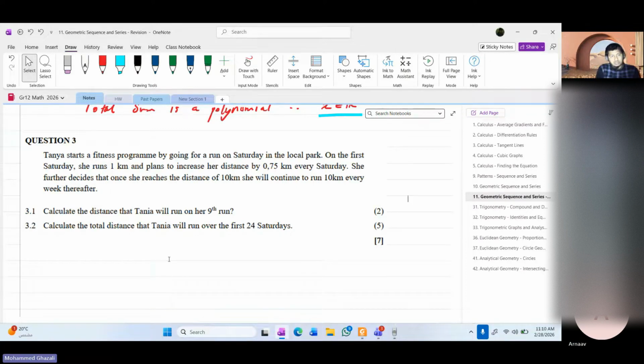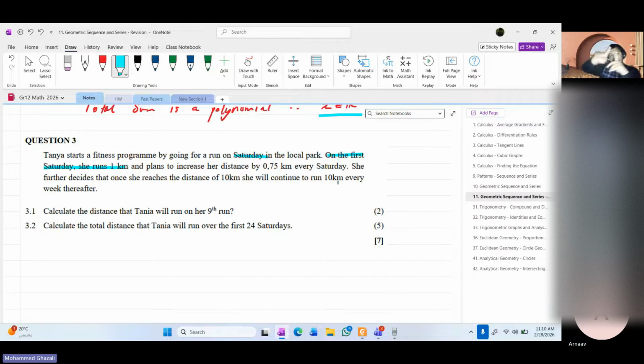Let us read the next question. Tanya starts a fitness program by going for a run on Saturday in the local park. On the first Saturday, she runs 1 kilometer and plans to increase her distance by 0.75 kilometers every Saturday.